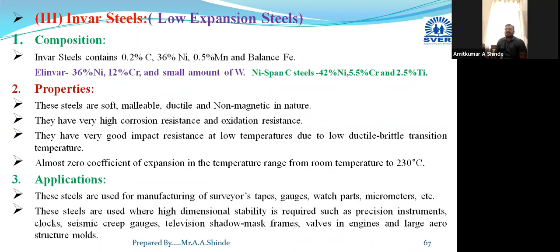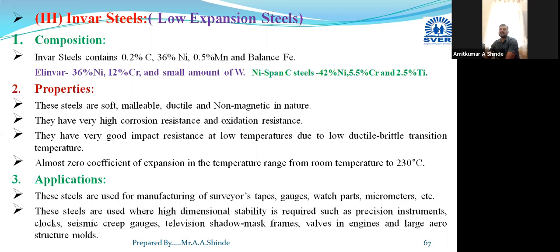This is the third type. These Invar steels are also termed low expansion steels. First is their composition. Invar steels contain up to 0.2% carbon, 36% nickel, 0.5% manganese, and the balance, the remaining amount, will be iron.